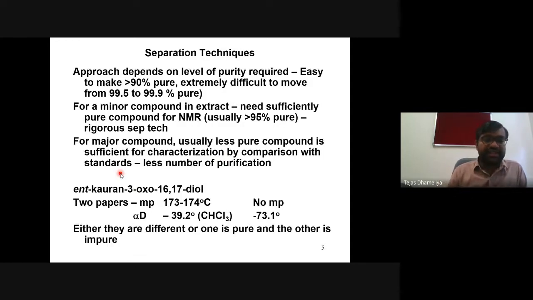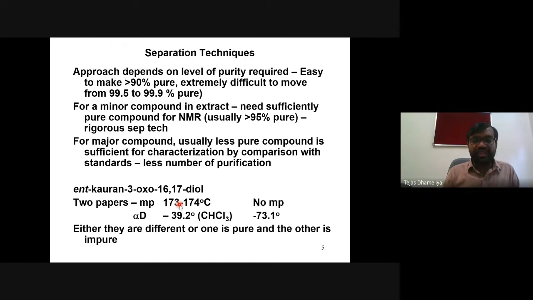Here I wish to say that this is one compound, enone 3-oxo 16,17 diol. Two research publications have been reported. In one publication, they have just given the melting point. You know, you have done melting point in your organic chemistry lab. Okay, so the melting point reported for this compound in one of them is more than 170 degrees Celsius.